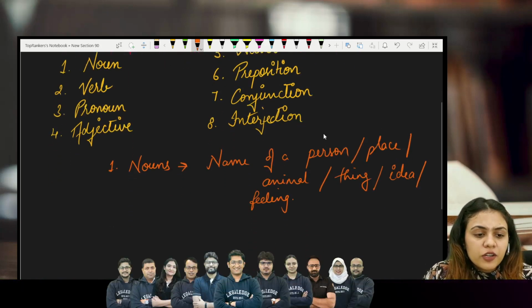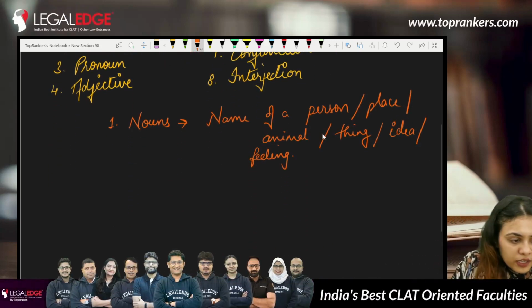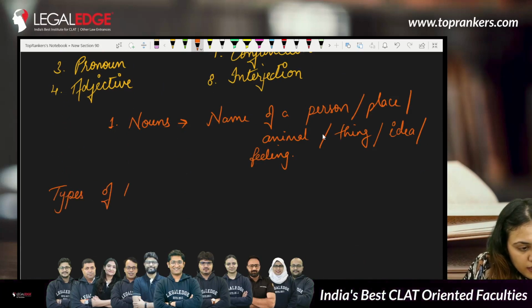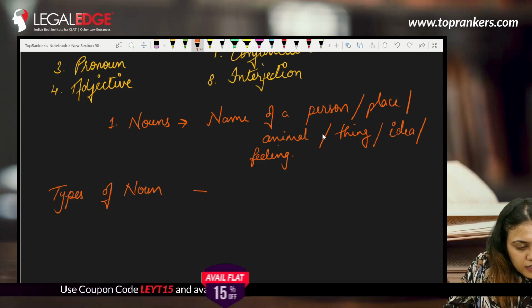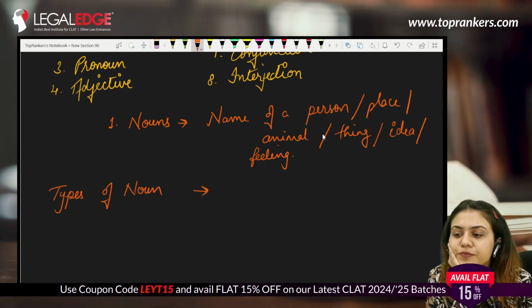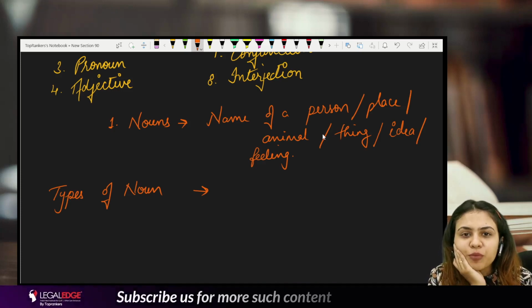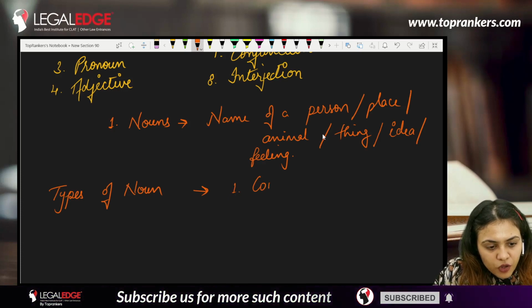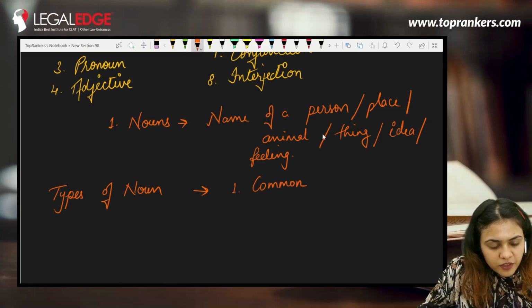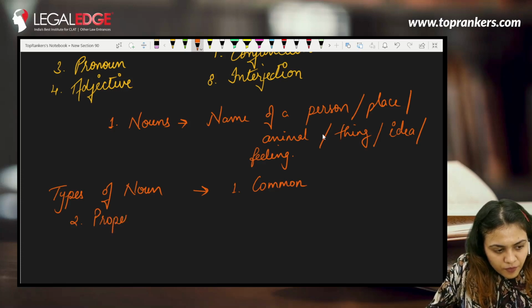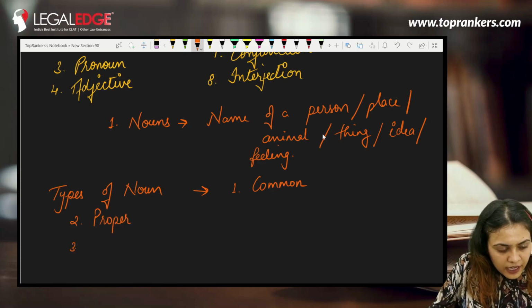Now, if I talk about the types of noun, can you guys name a few? I think probably everybody is aware of common noun, then proper noun, collective noun.